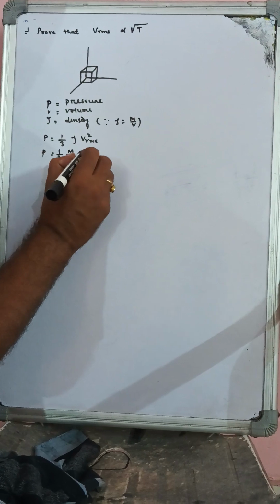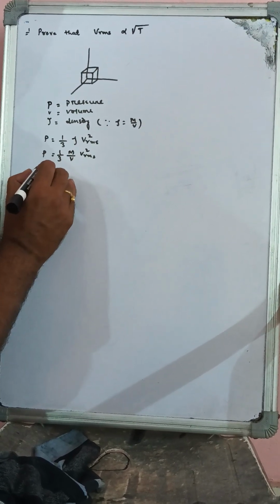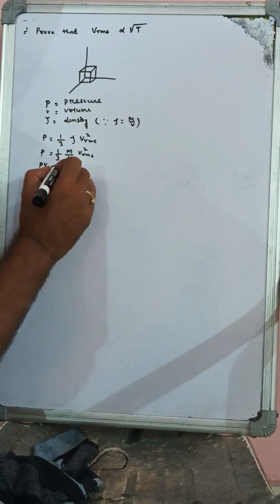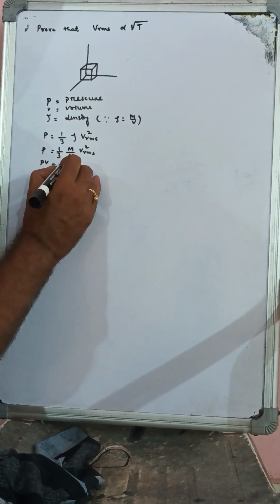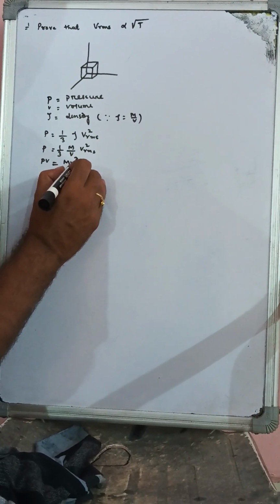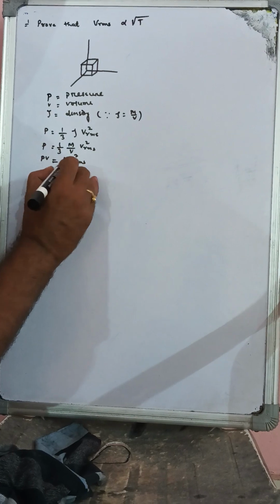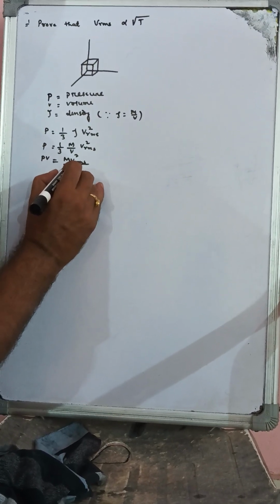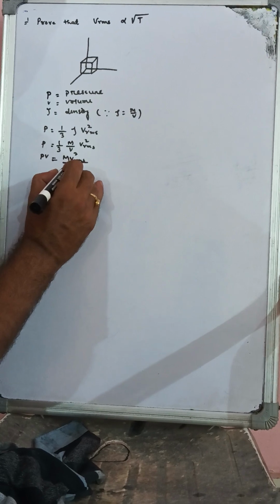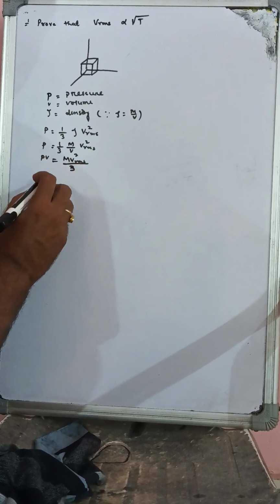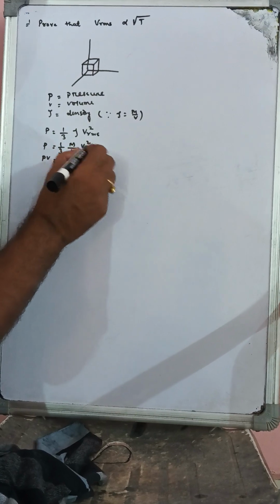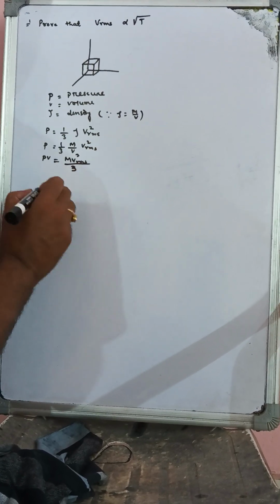RMS square. Then in this way we have to write PV is equal to mVrms square divided by 3.